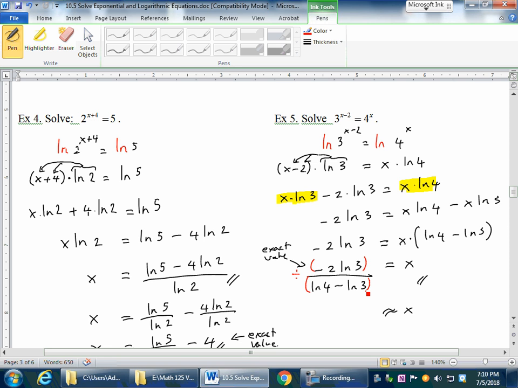So that will help me to get a correct answer. So negative 2 ln of 3, divided by open parentheses, ln of 4 minus ln of 3, and this gives me approximately negative 7.6376 dot dot dot.